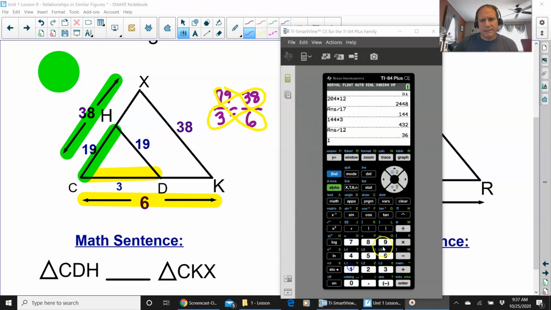And I'm going to do 19 times 6. 19 times 6 is 114. Sorry, that could be a problem.